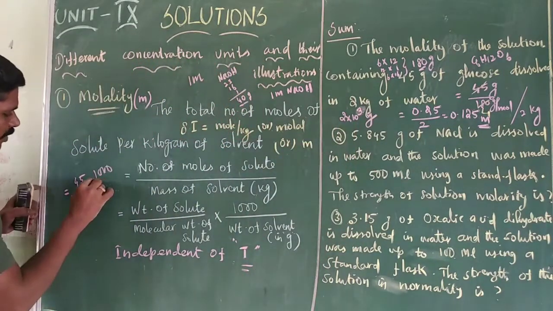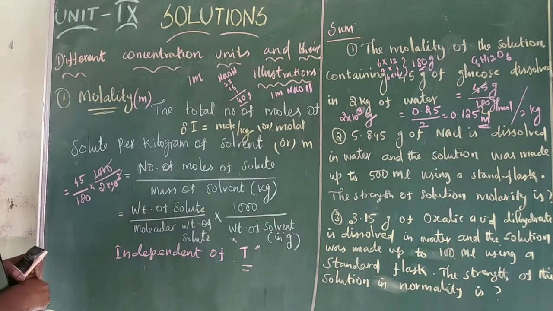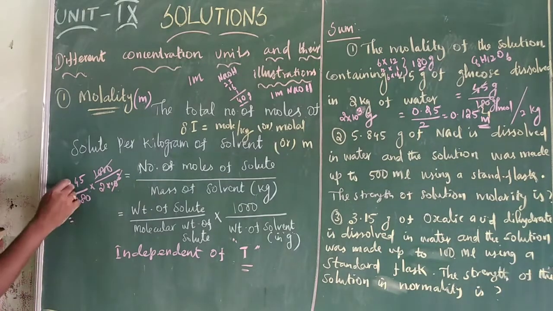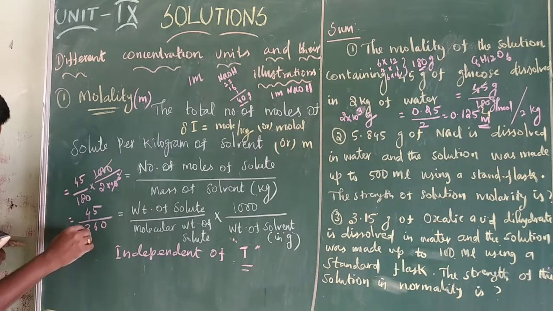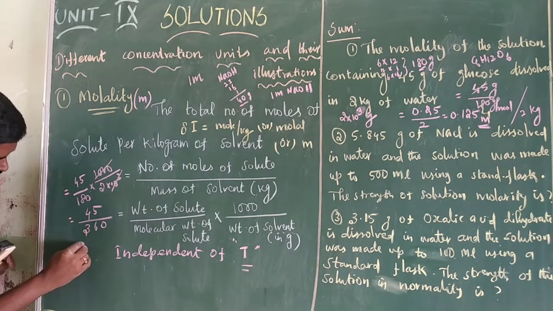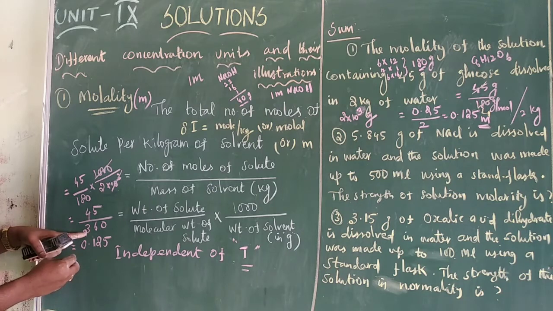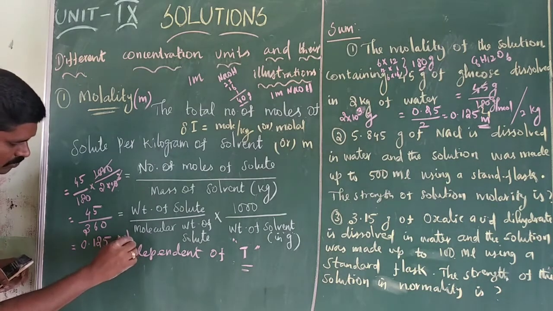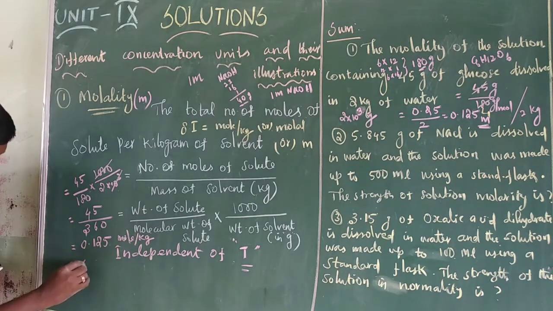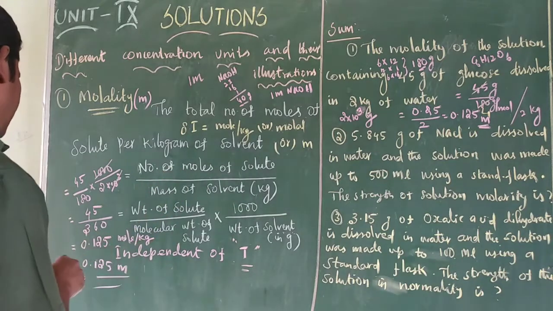So 10 power 3 cancels, and 45 divided by 360 is 0.125 mole per kilogram or 0.125 m. So you can use any one of the methods.